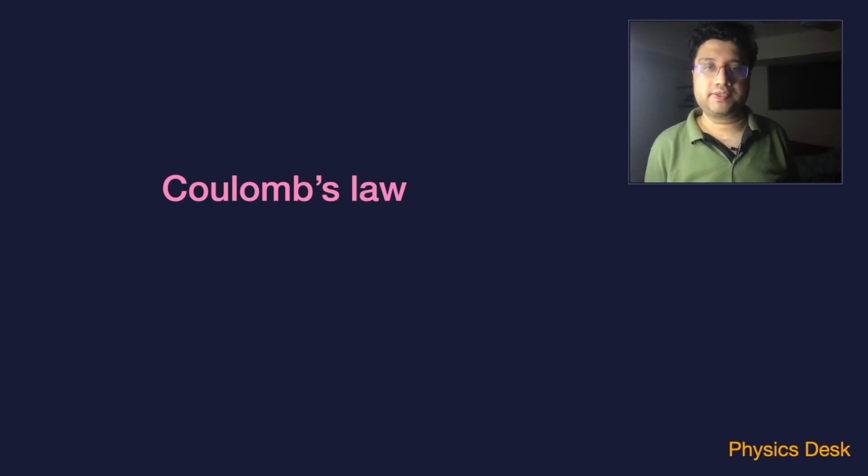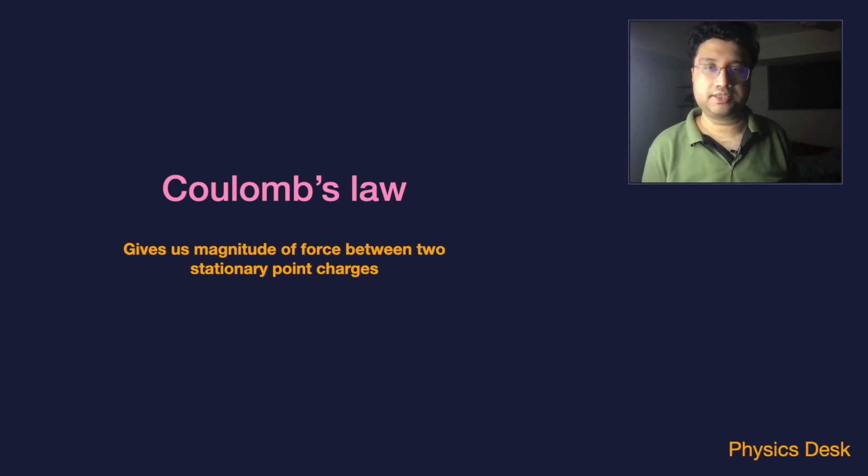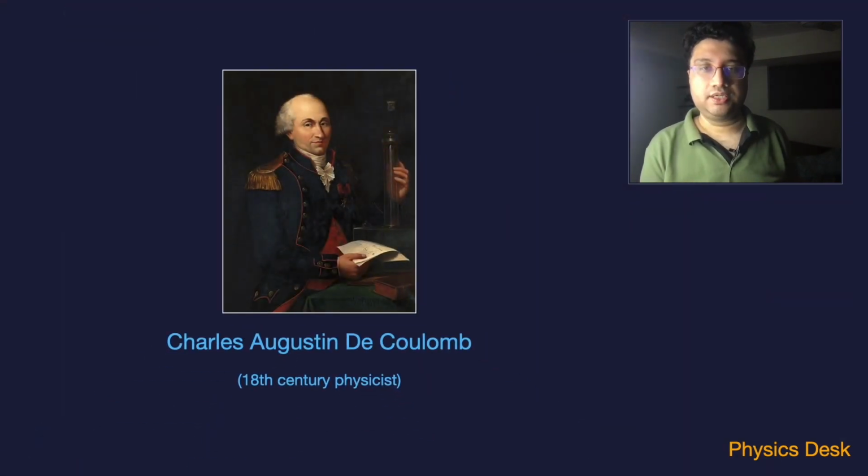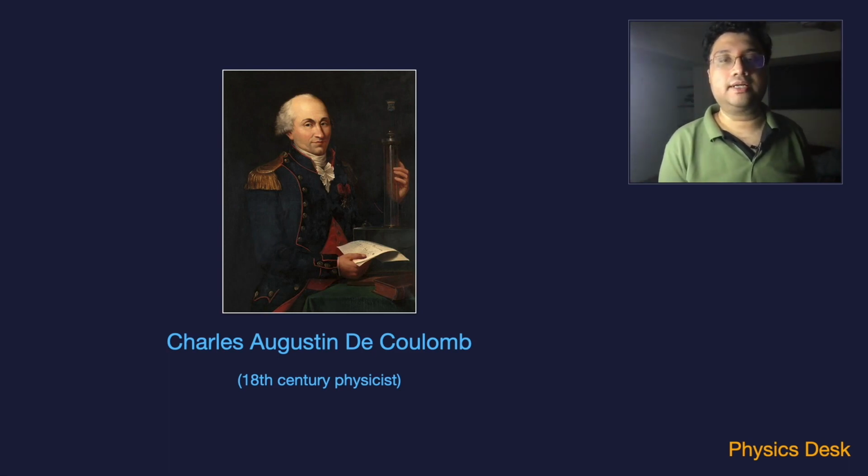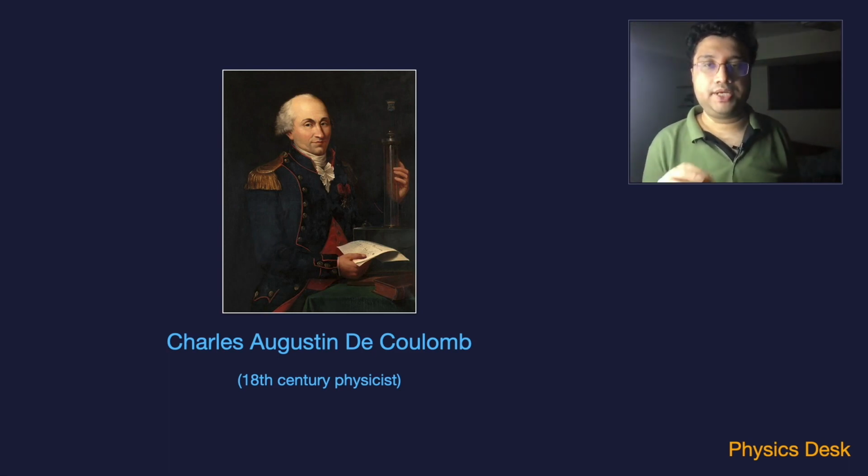Coulomb's law gives us the magnitude of force between two stationary point charges. It was first published by a famous 18th century physicist, Charles Augustin de Coulomb. Coulomb published this law after he conducted several experiments measuring electric forces between two charged objects.